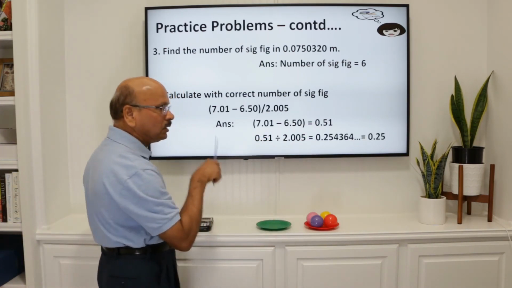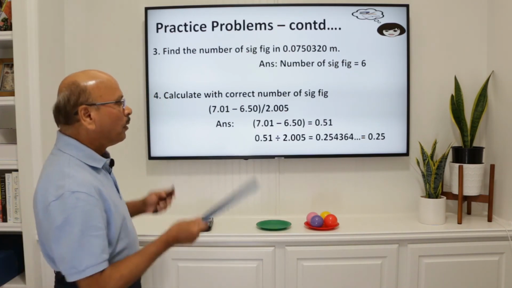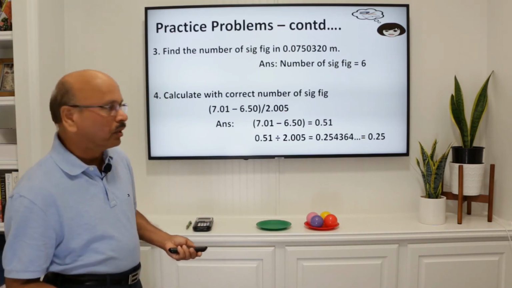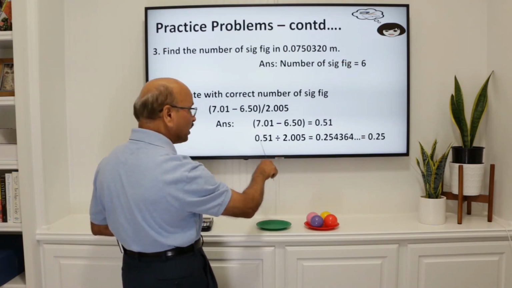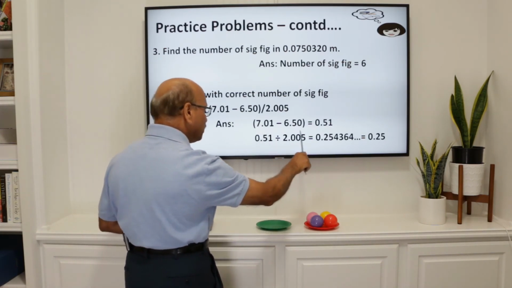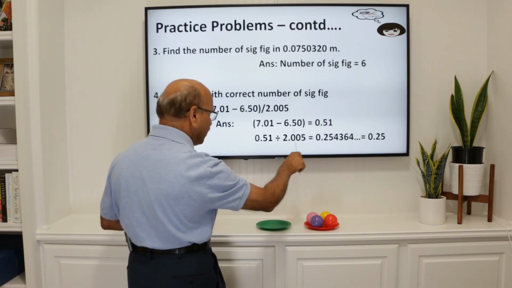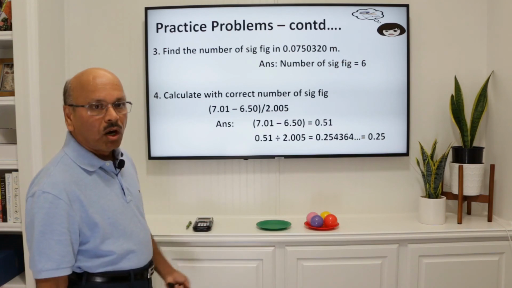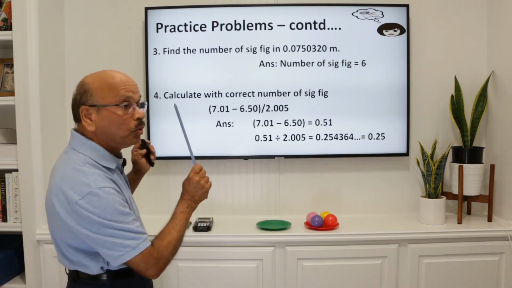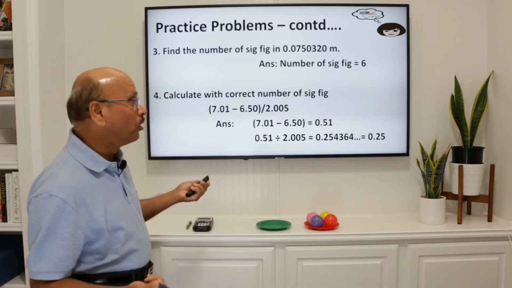Now divide that by 2.005. That means here this is a division. And what's the rule? Keep the minimum number of significant figures. So the value you got has 2 significant figures, and the number you divide by has 4 significant figures. How many do you have to keep? You can only keep 2 significant figures according to your rule.